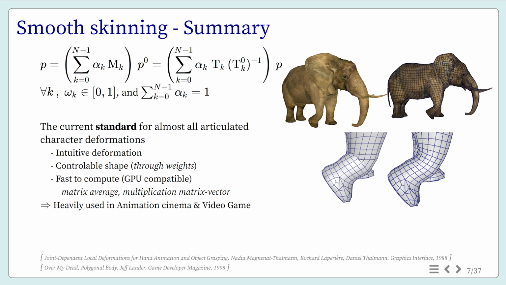The resulting shape can be controlled via the skinning weights. And the main advantage is that it's really fast to compute because it's basically a linear blending of matrices and then a product between a matrix and a vector. We can compute that on the GPU to have a real-time deformation. And this is the reason why it's so heavily used in animation, cinema, and video games.